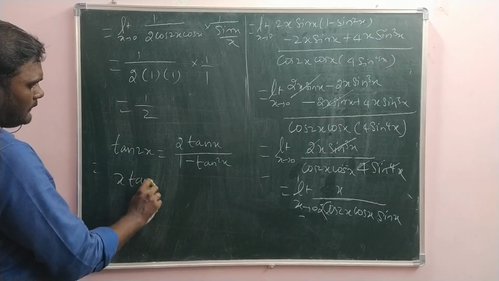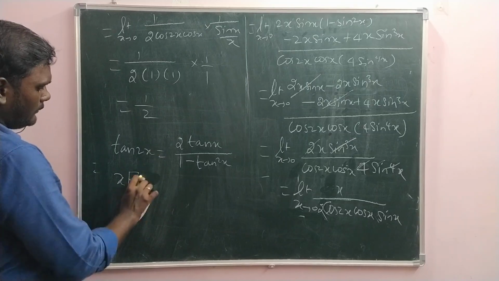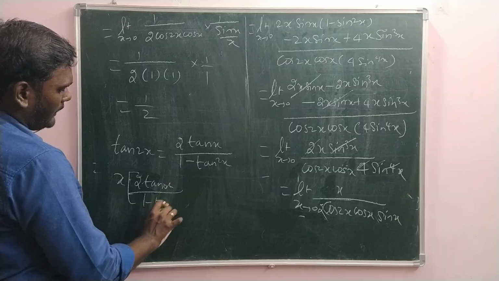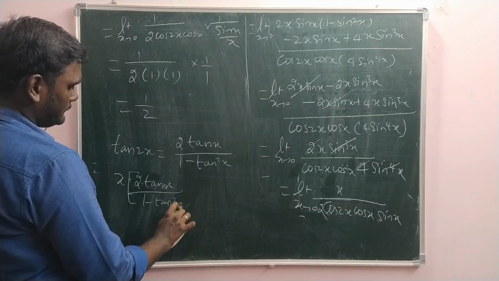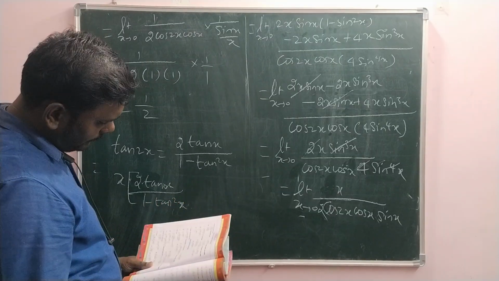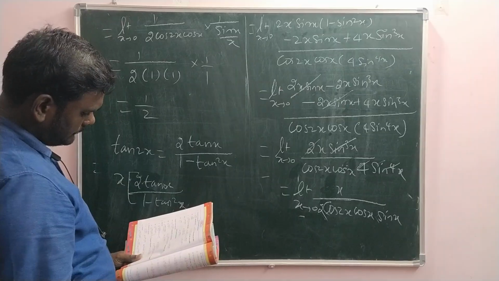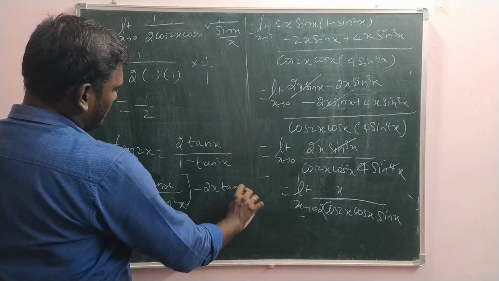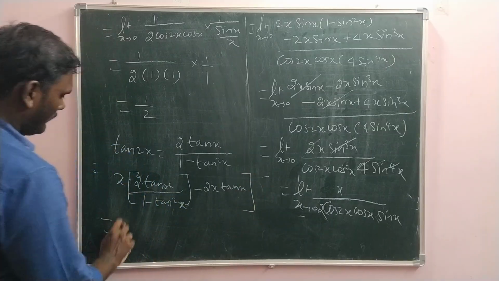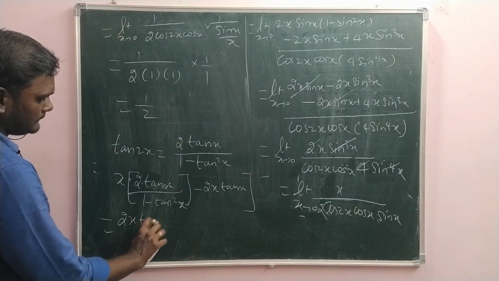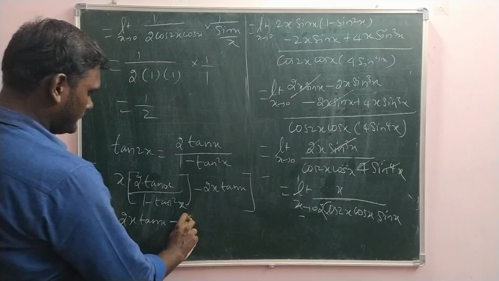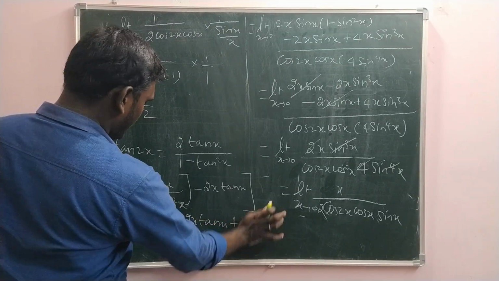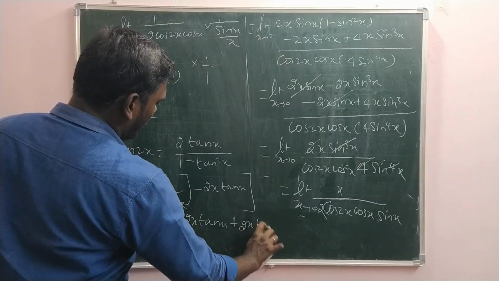There is a formula for tan 2x, right? 2 tan x by 1 minus tan square x. If you apply that formula, this x into 2 tan x by 1 minus tan square x, and then minus 2x tan x, then we'll get 2x tan x minus 2x tan x, minus into minus plus 2x tan cube x.